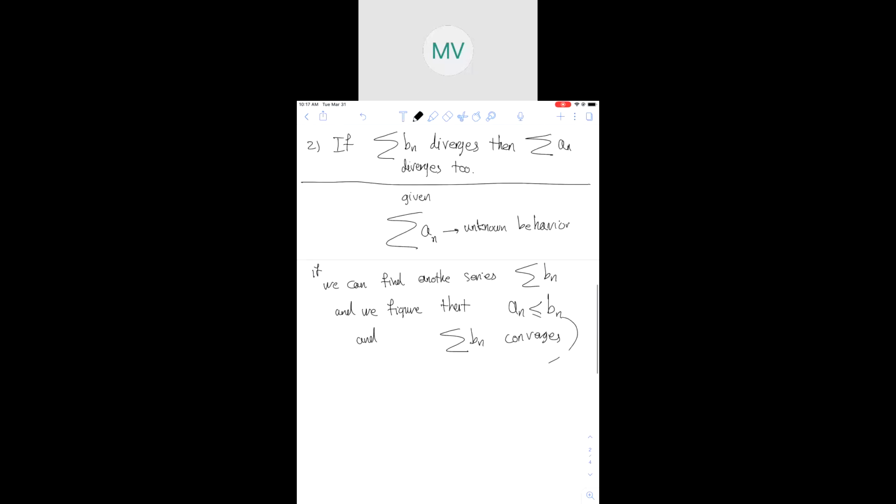First of all, if a sub n is less than or equal to b sub n, then we can take the sum, and we would have this.